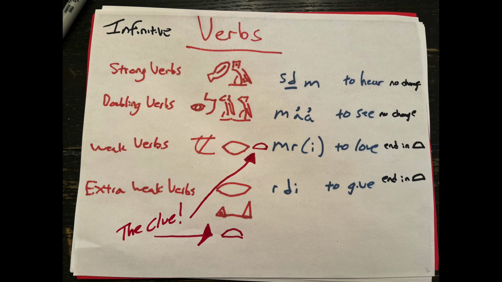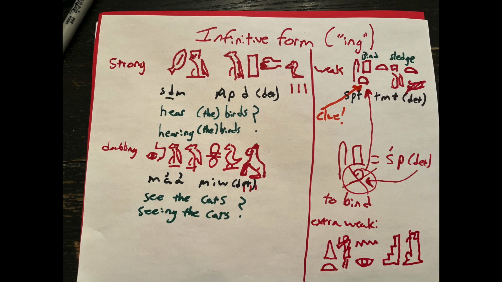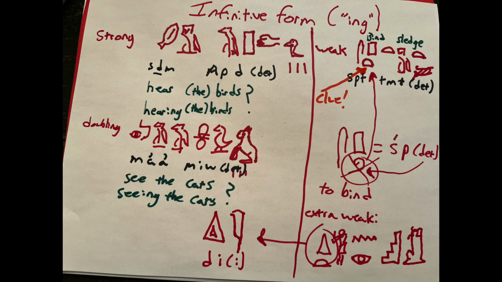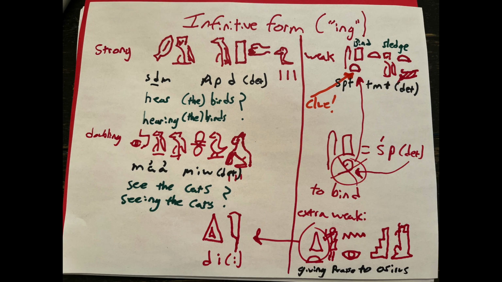So really what you're walking away from today is to know that in the infinitive form, you only know that you're in the infinitive based on weak or extra weak. So looking at the bottom there, there's an extra weak example. So we have radi Osiris, so praising Osiris. So the verb in the front, extrapolated there to the left, di, then you could have an extra weak consonant there. Giving, did I say giving?